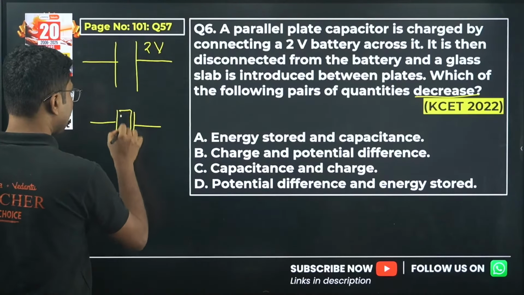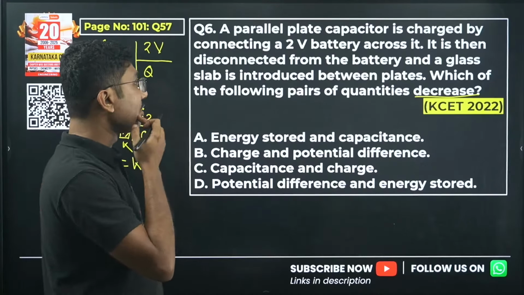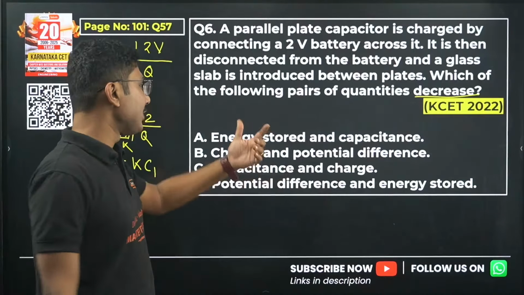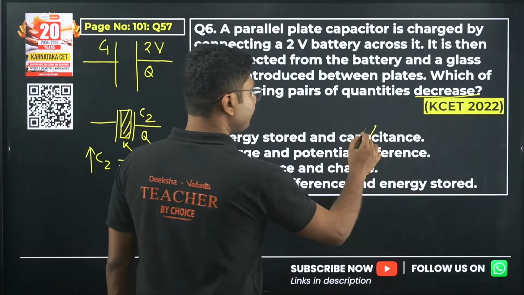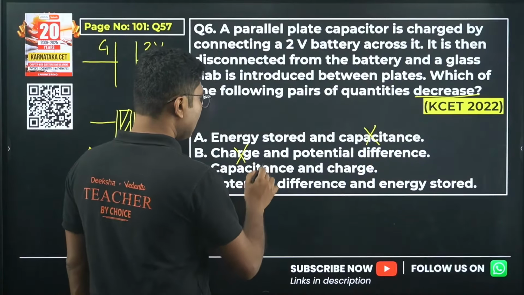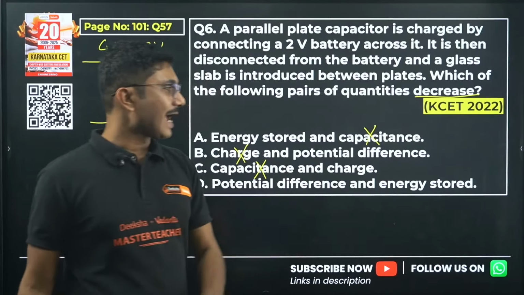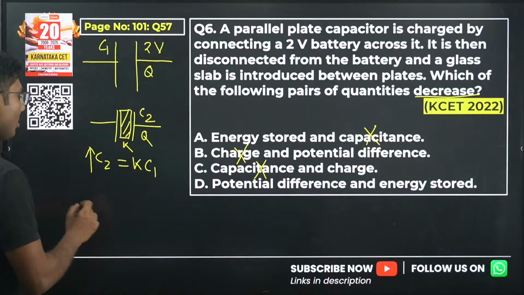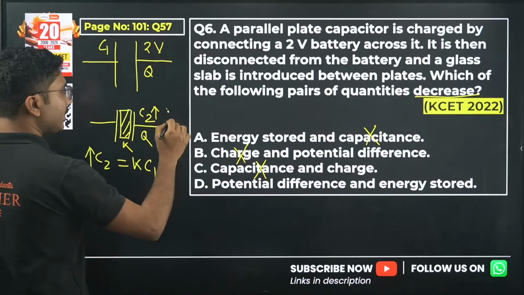And as we know, the charge in the capacitor will remain the same, charge will not change. So definitely any combination including charge and capacitance will be wrong. So this is wrong, this is wrong, this is wrong. The only things that change are potential difference and energy stored, they are decreasing. If you have any doubt, as I mentioned, capacitance increases means potential has to decrease.